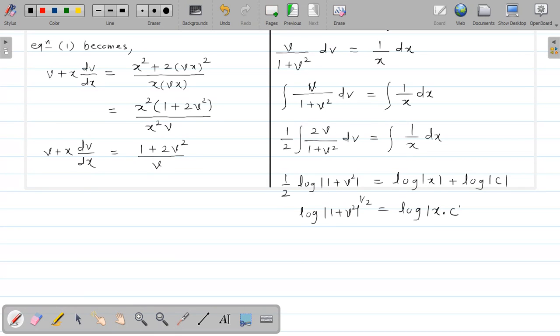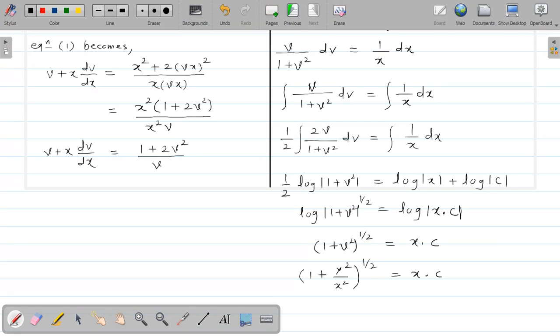Okay, now comparing both sides, we get (1 plus v square) raised to 1 by 2 is equal to x into c. Now further resubstitute value of v as y upon x. All of you know that. So we can write (1 plus y square upon x square) raised to 1 by 2 is equal to x into c.